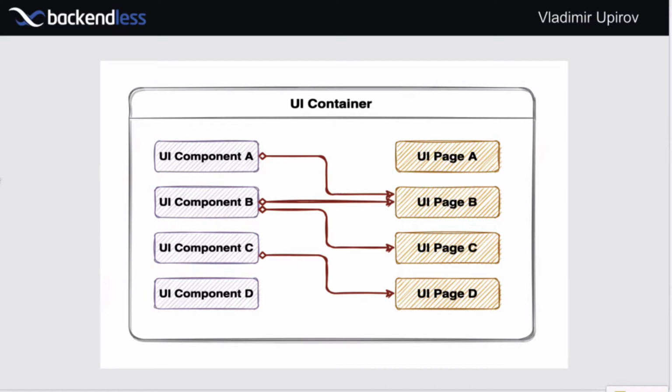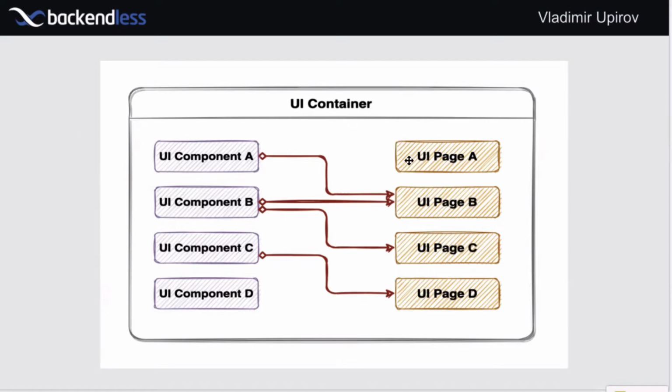Each UI container can have as many UI components as you want. It means, for instance, you have two UI containers: your main application and your admin application. And each of these UI containers will have its own number of UI components. I assume it's pretty clear, right?